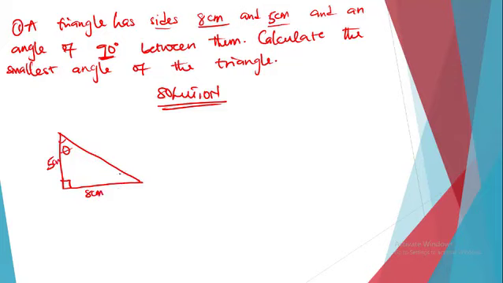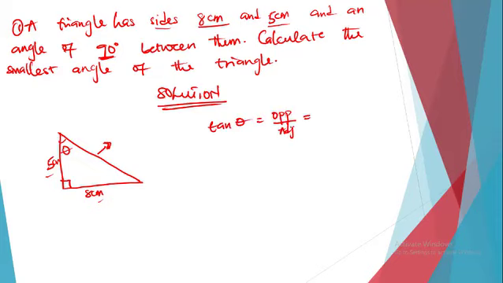The question said we should find the smallest angle of this triangle. Looking at the diagram, what we use here is tan theta, since the hypotenuse is not given. Remember, the hypotenuse is the line facing angle 90, and here it is not given, but our opposite is given and our adjacent is given. So what we use in solving is tan theta, since tan theta is equal to opposite over adjacent.